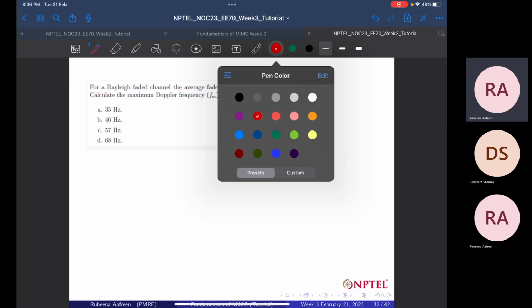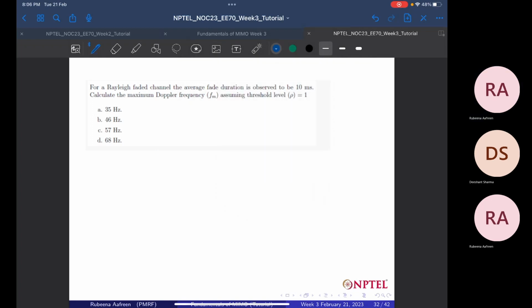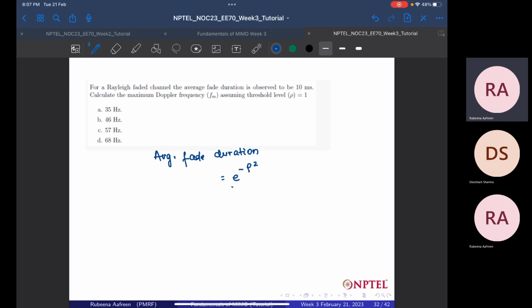This anyway I will be taking up in the next class. But average fade duration is given by e to the power rho square minus 1 divided by rho fm into 1 upon square root of 2 pi. So can you use this formula and let me know how much is the Doppler frequency? The average fade duration is given as 10 millisecond.